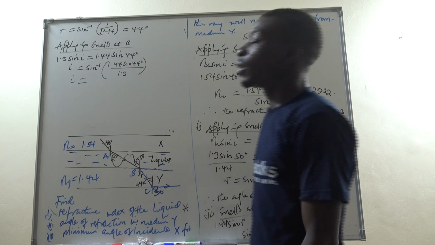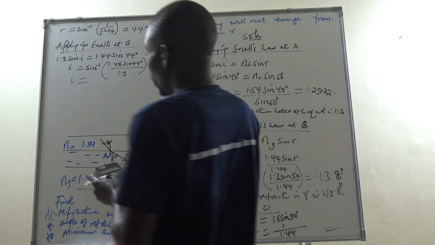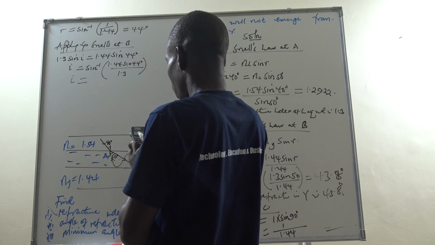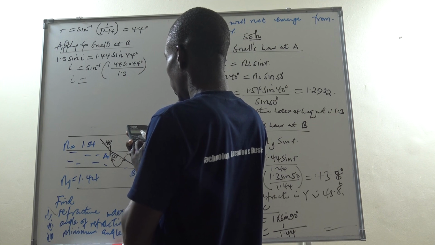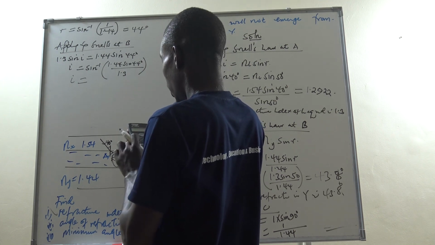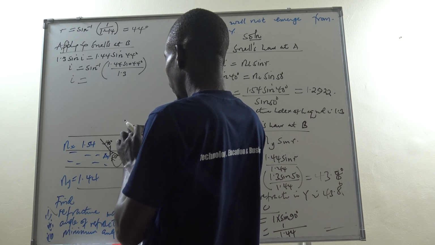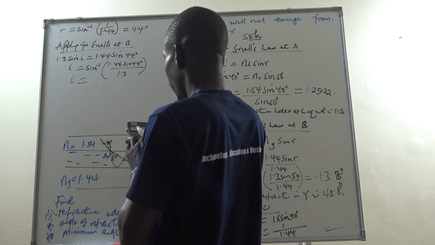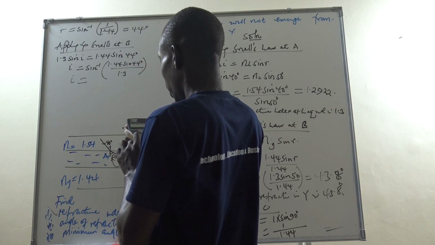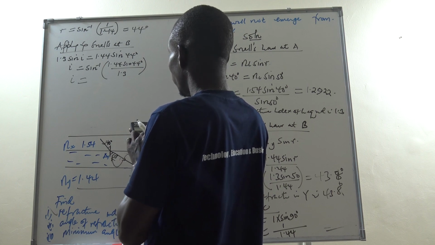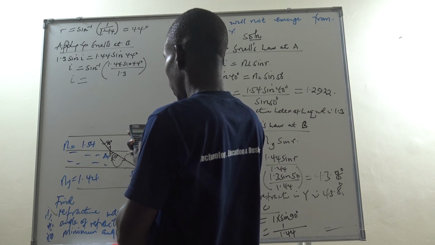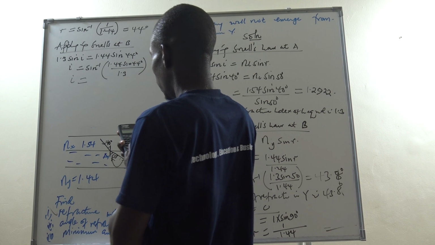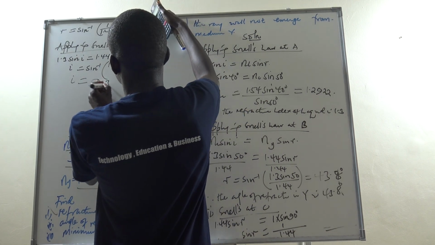You can as well get your calculator and say 1.44 times your sine 44, and then divide by 1.3, and then shift sine inverse of your answer. That is 50.3.